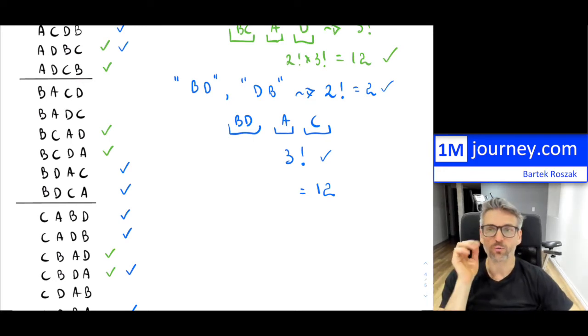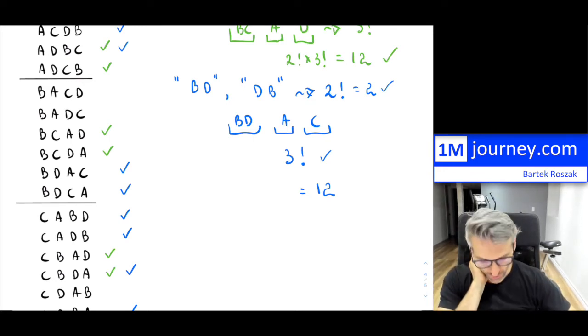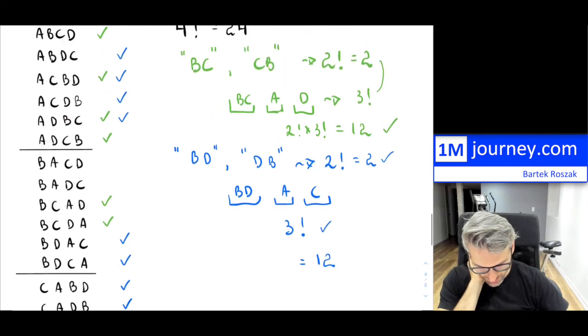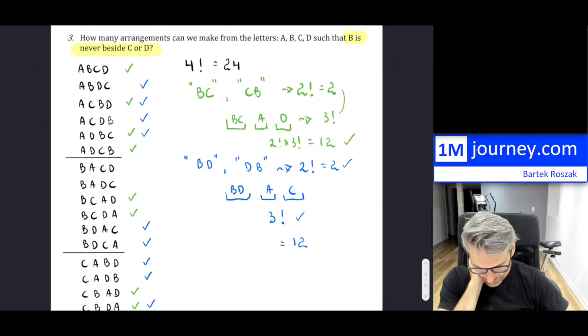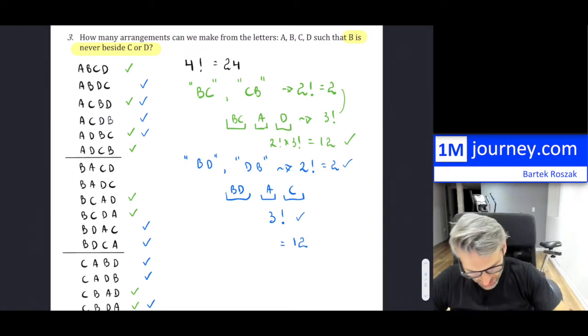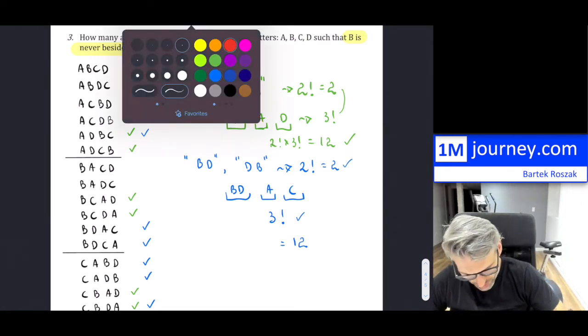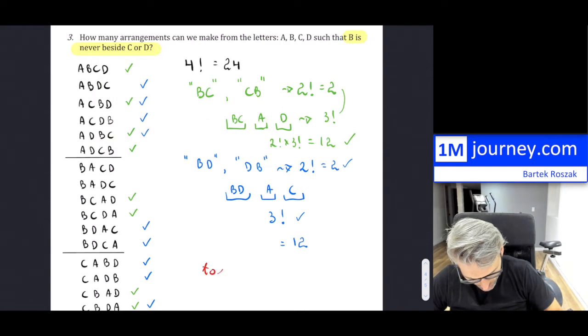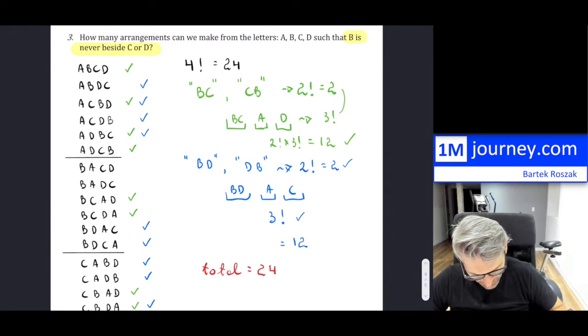Now, the reason why I wanted to show you this brute force is that oftentimes when students do this, the approach is, and it's a correct approach, to find the total number of arrangements. In our case, it's 24.